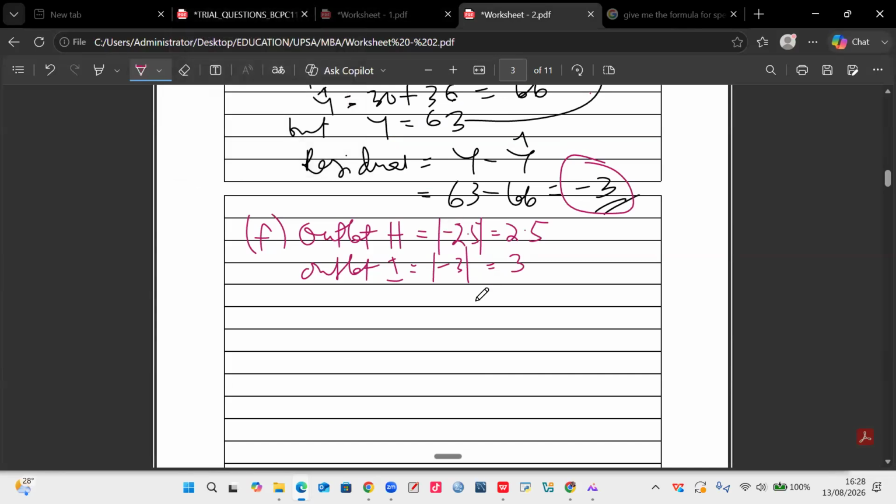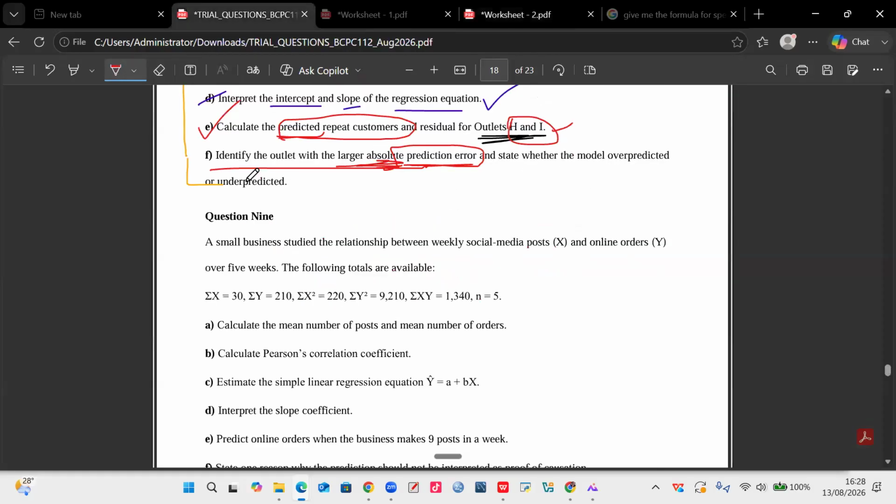So 2.5 and 3. Which one is greater? One is 2.5, one is 3. Which one is greater than the other? 3. So that's it. The question says, identify the outlet with the larger absolute prediction error.